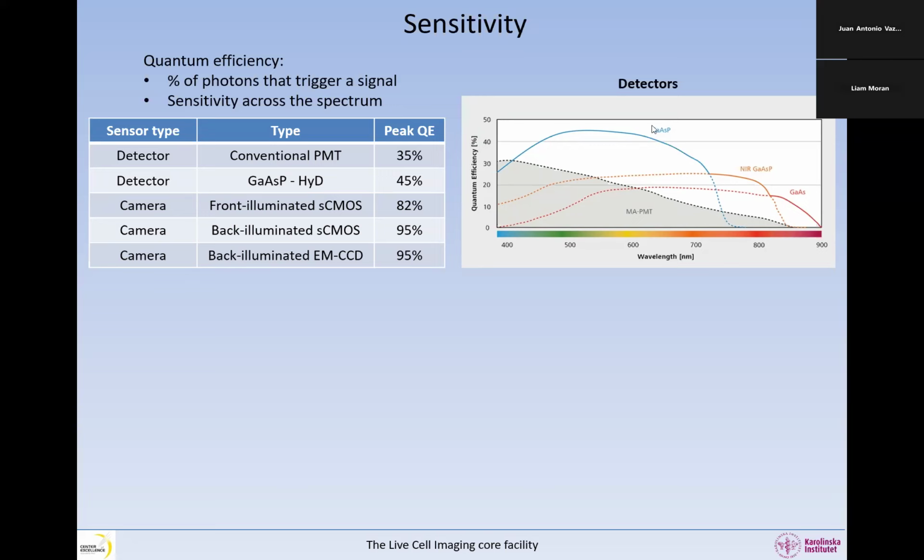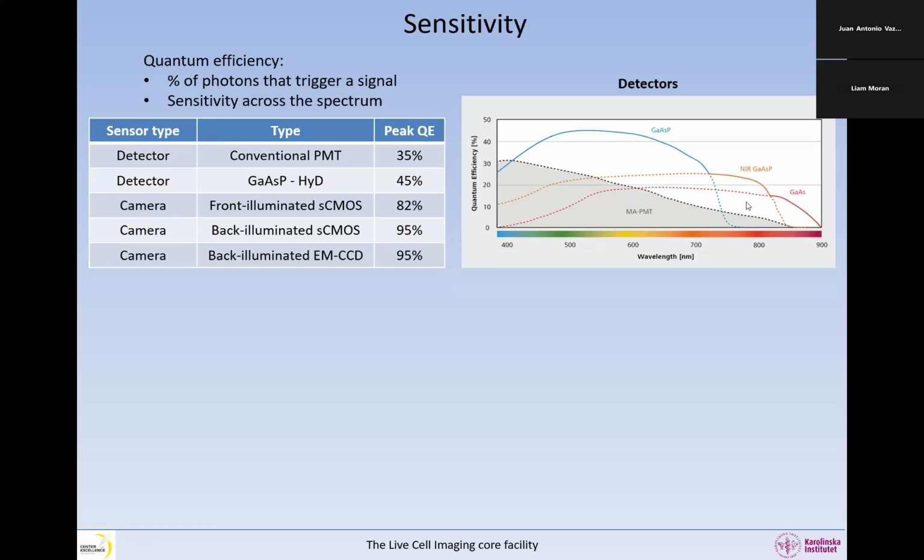So, for example, this gas detector has a very high quantum efficiency for a detector, 45% around the green and yellow emission range. But as soon as we get into the red, orange, it drops dramatically and it's unable to image in the near infrared. But other gas detectors might be specialized for this range and they're much lower in the rest of the range.